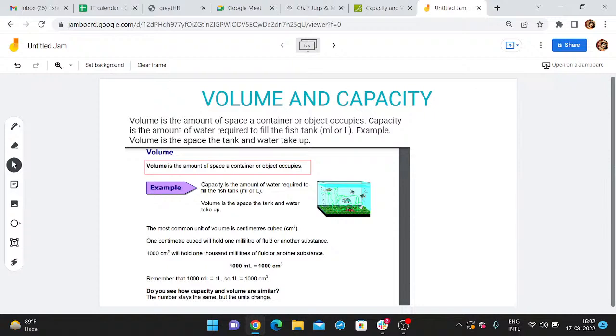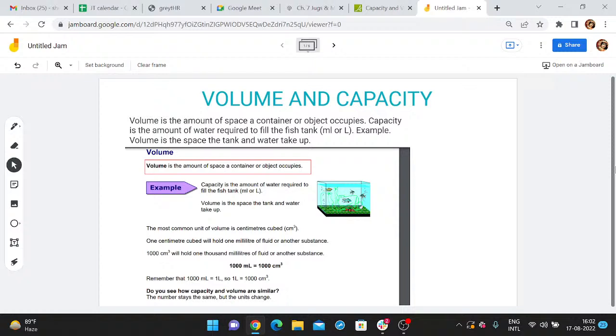That means if we talk about a liquid, let's say fresh orange juice in a glass jar, we can easily judge that the volume is above half of the container, or that the volume of the juice is less than half of the container. So all of these are real life examples. Volume is the amount of space a container or object occupies.